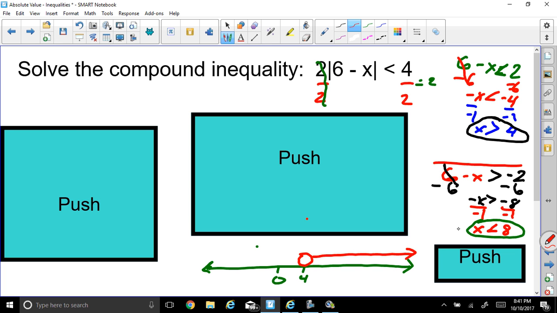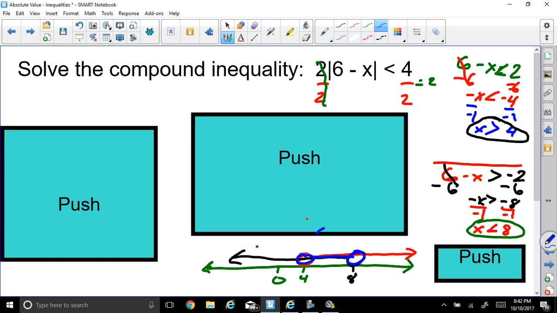Now let's get the second graph on, of the inequality x less than 8. So 8 is over here, and we put a circle, and it's less than 8, and it's going that way. So notice where it overlaps right here between the 4 and the 8.